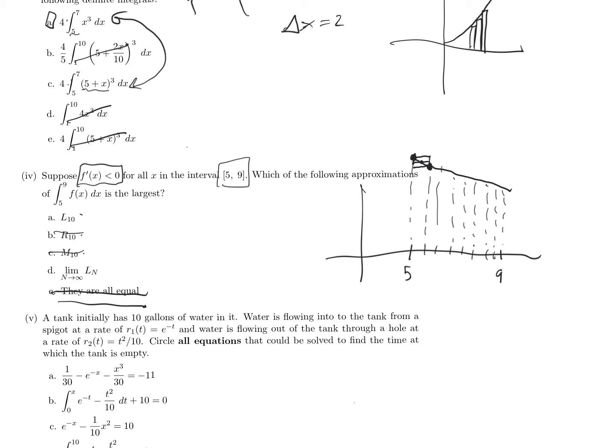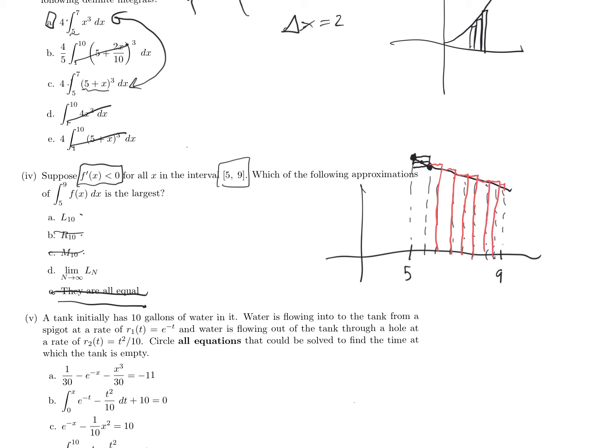Well, what D does, right, is it actually finds the area underneath the thing, the entire area. Right? So that's just the area under this line. But what L does, oops, we changed to red, is it finds the area of each of these rectangles added up.